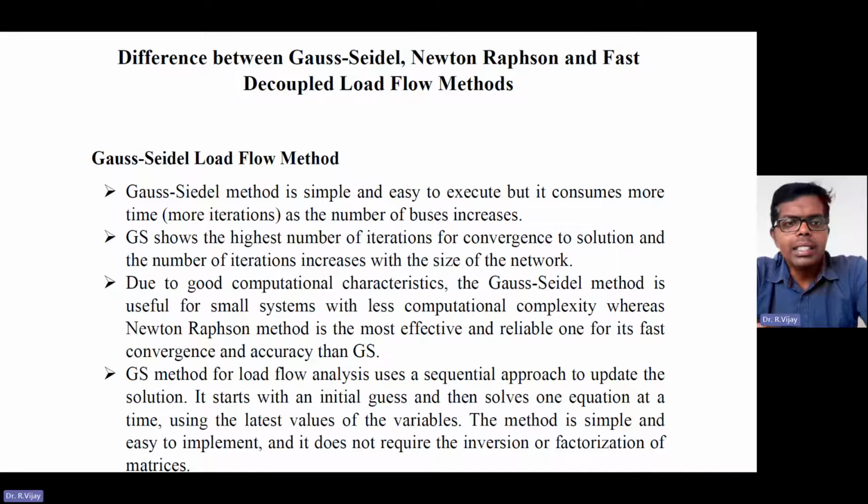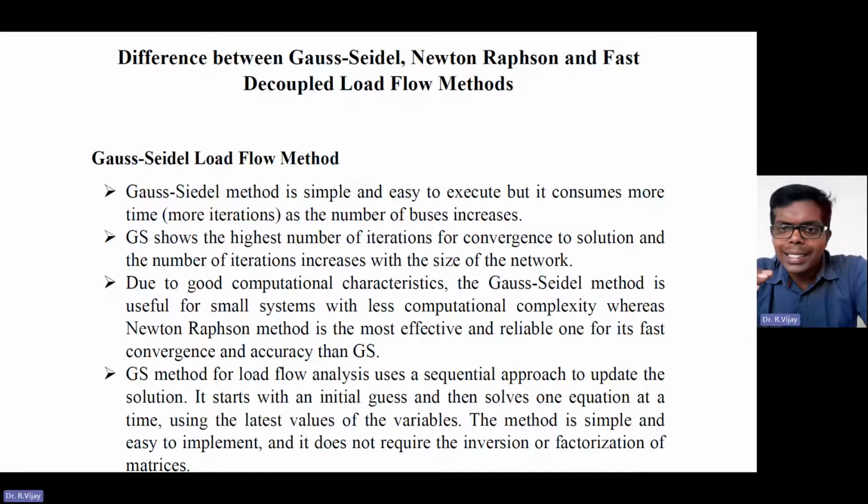Next, the Gauss-Seidel method shows the highest number of iterations for convergence to the solution. As I said, it shows the highest number of iterations to converge if the number of buses is more, and the iterations increase with the size of the network. Say, for example, a 40 bus system or a 118 bus system.